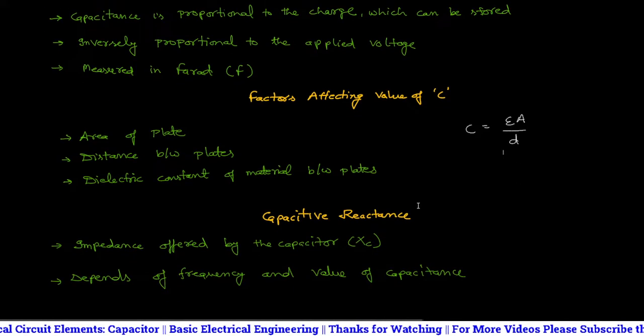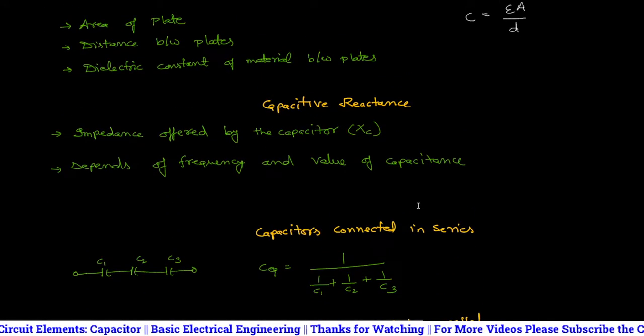Now similar to inductive reactance, capacitive reactance is the impedance offered by the capacitor. Inductance opposes the rate of change of current, and capacitance opposes the rate of change of voltage. So the opposition offered by the capacitance to the rate of change of voltage is known as capacitive reactance, and it depends on frequency and the value of capacitance.